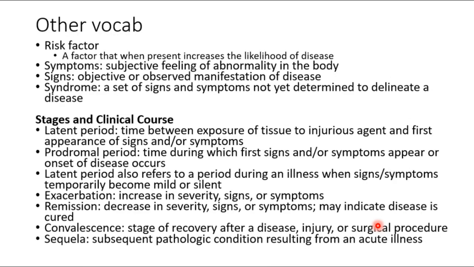Some cleanup vocab. Most of these you should be very familiar with. Risk factors. If somebody's a smoker, if somebody is morbidly obese, those would be considered risk factors. You guys know symptoms and signs. You guys know syndromes? How are you on syndromes? Actually, let's cover syndromes anyway. A syndrome typically means we don't know what it is yet.